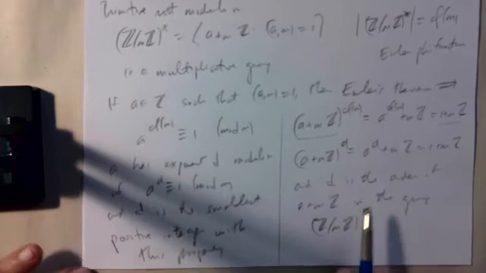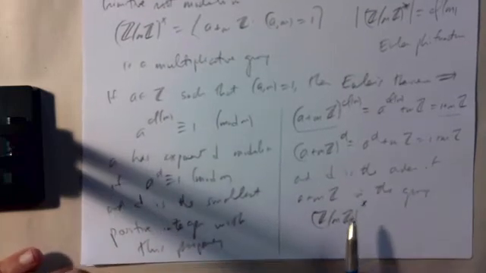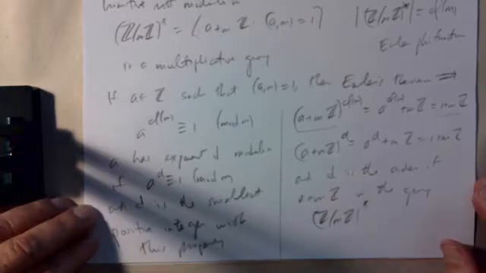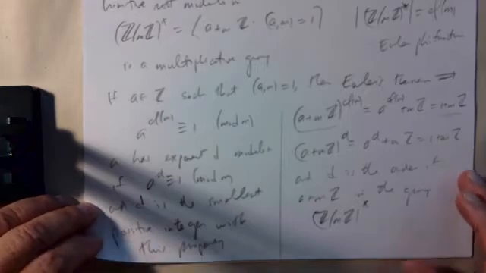That is, the order of an element in a group is the smallest positive power of the element that's equal to the identity. Elements don't always have finite order, but in a finite group they do. And we gave some examples.